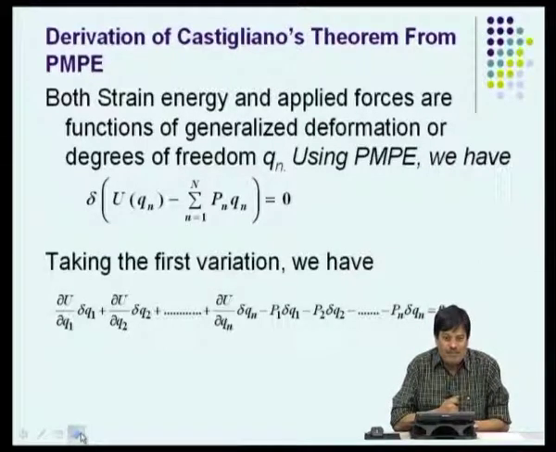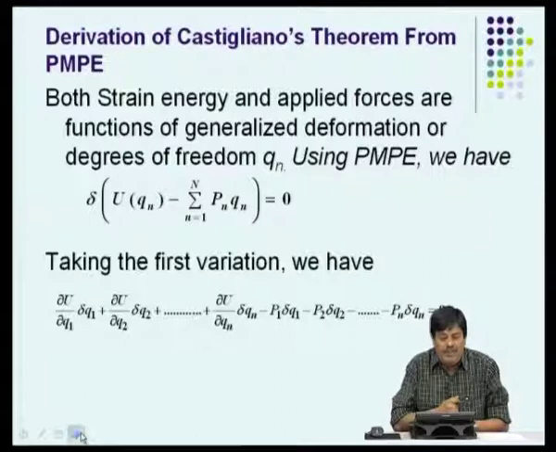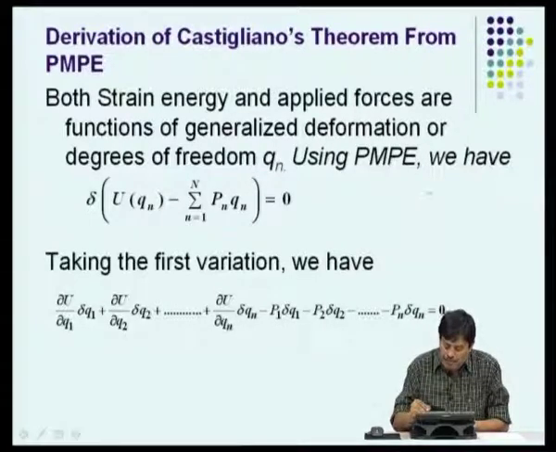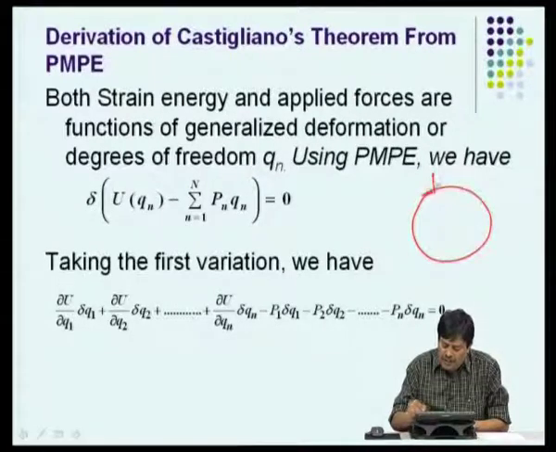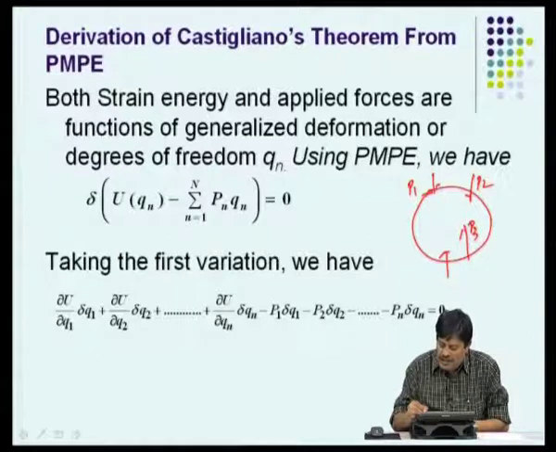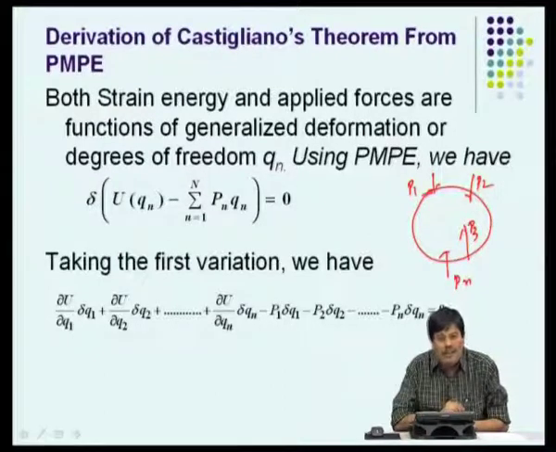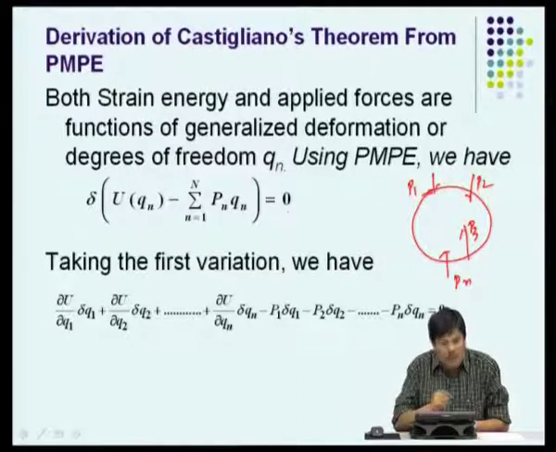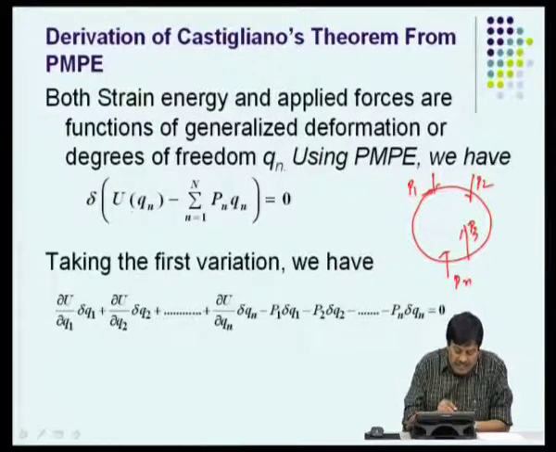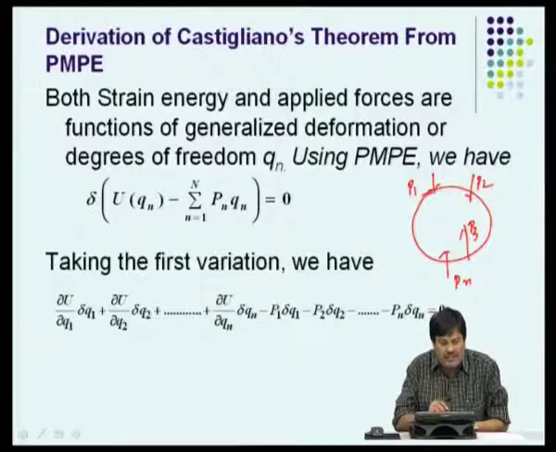So, what will we do? Basically, if there is a body subjected to n concentrated loads, which we call P1, P2, P3 and Pn, and each of these is dependent upon the displacement Qn, then we say that the strain energy U is a function of Qn.